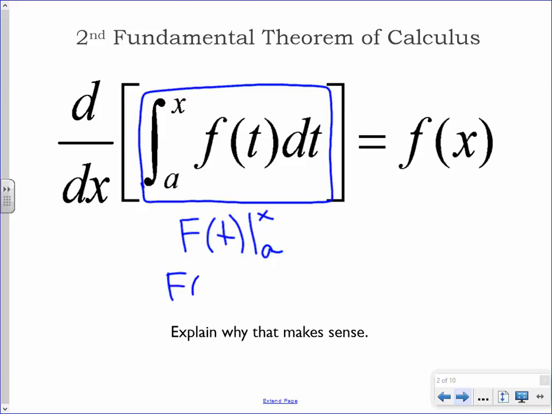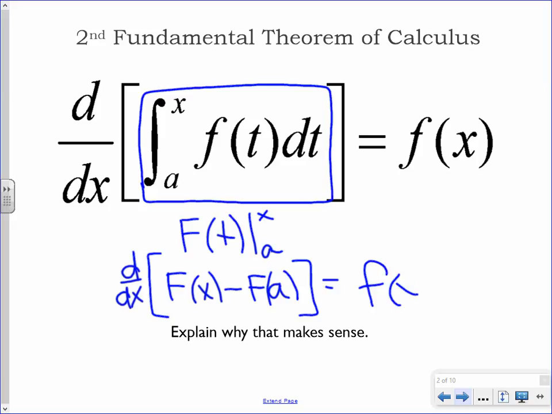The fundamental theorem of calculus says F of x minus F of a, right? Well then, if we're saying we're going to take the derivative of this with respect to x, well, the derivative of the antiderivative means we go back to the function, and the derivative of a constant is 0. We don't have to worry about that F of a because it's going to go to 0. Okay? So essentially this is the variable you're going to plug in. We take the fact that a derivative and antiderivative undo each other, and we're left with the original function.